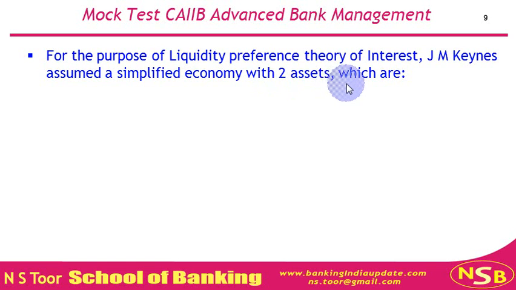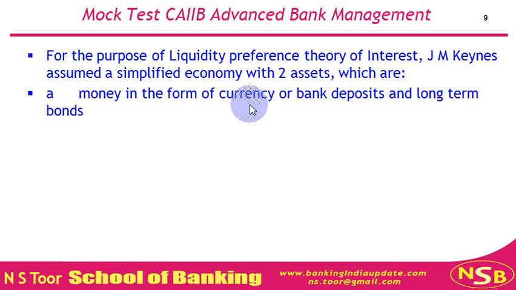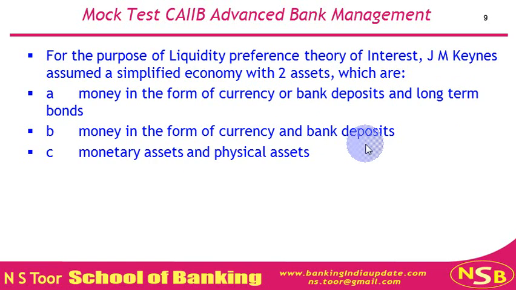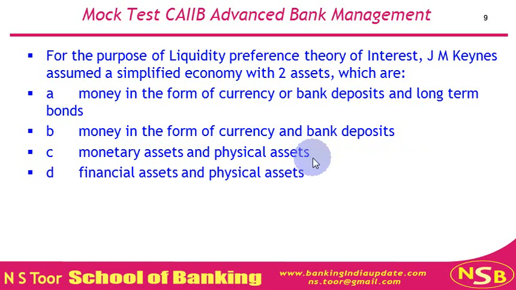Which assets are these? Let us see our options. A, money in the form of currency or bank deposits and long-term bonds. B, money in the form of currency and bank deposits. C, monetary assets and physical assets. D, financial assets and physical assets.